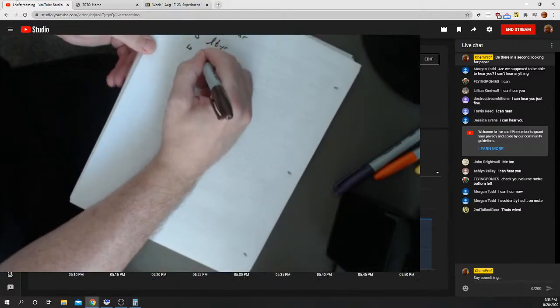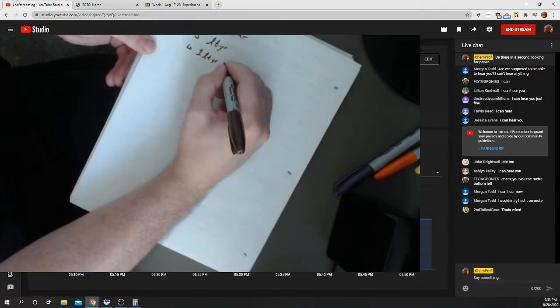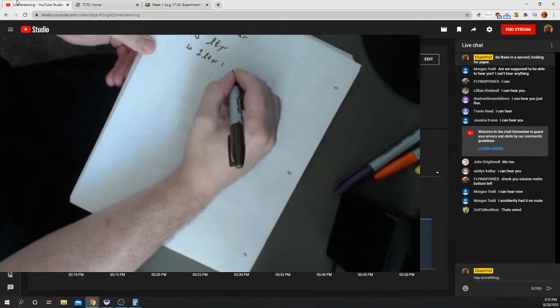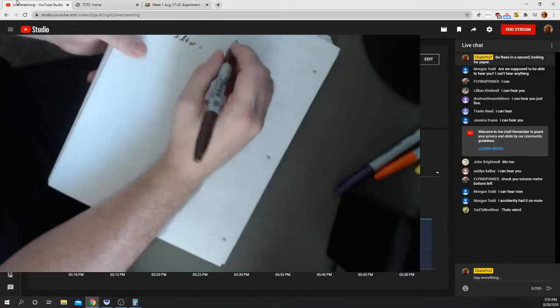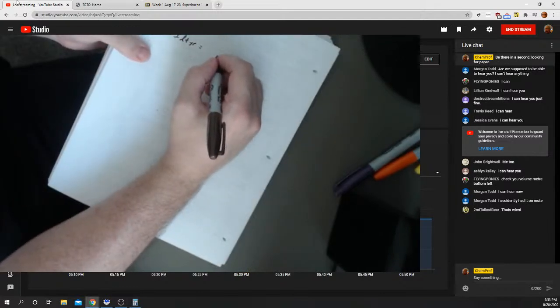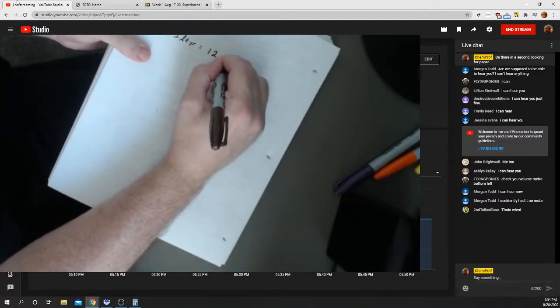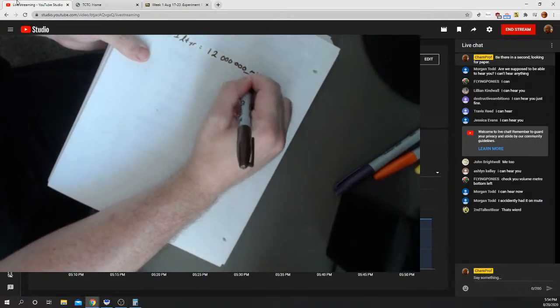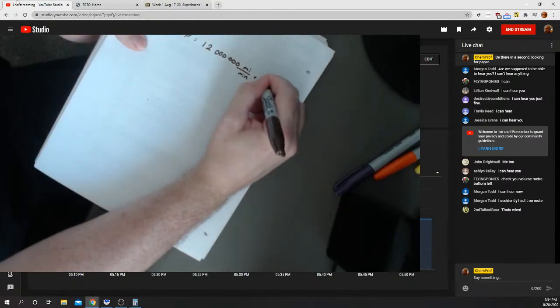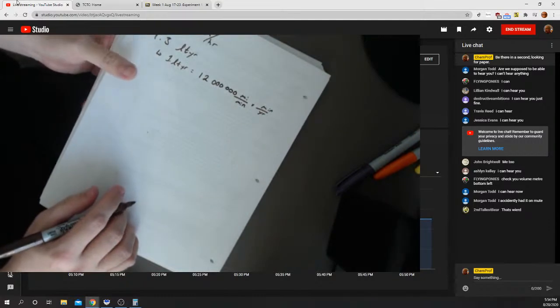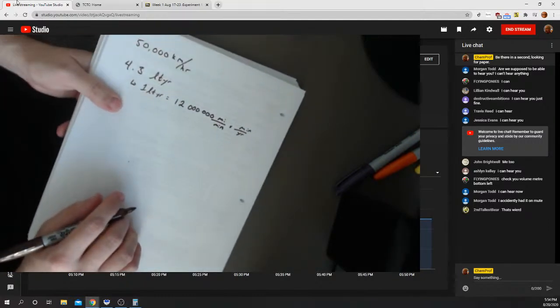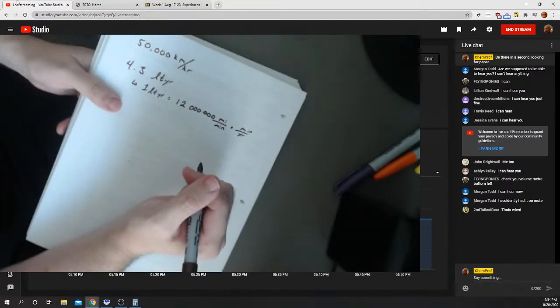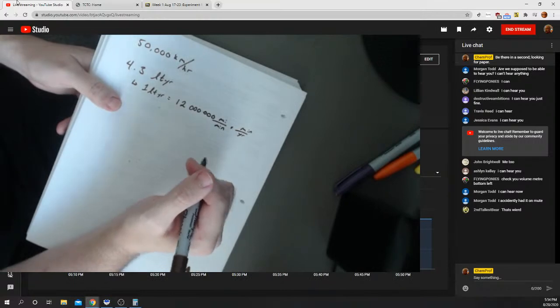1 light year equals the distance light can travel in 1 year. So that is 12 million miles per minute times the minutes in a year. Yes. Okay.